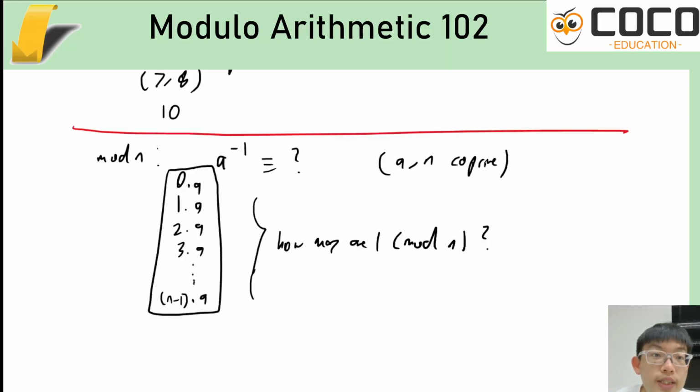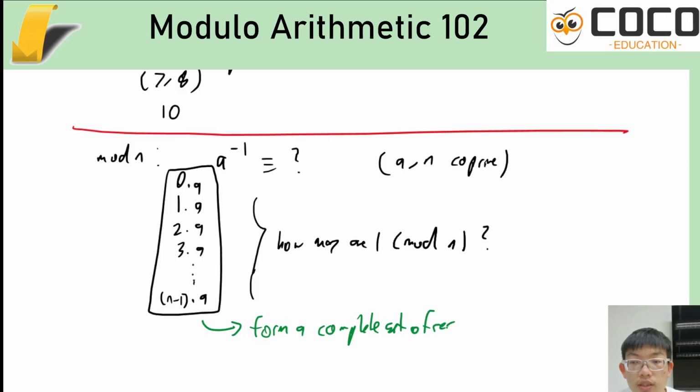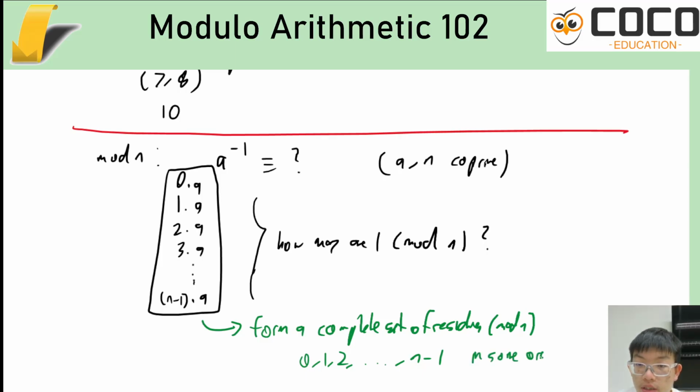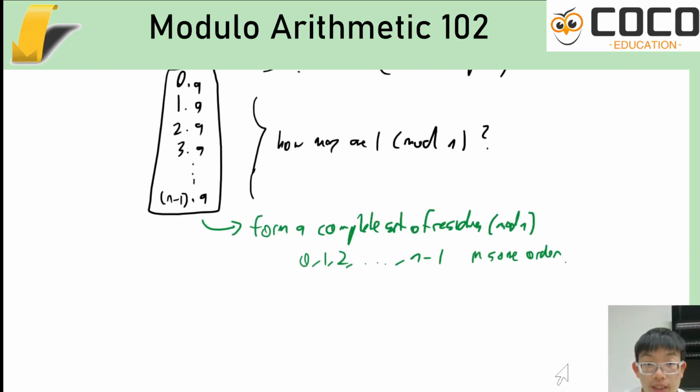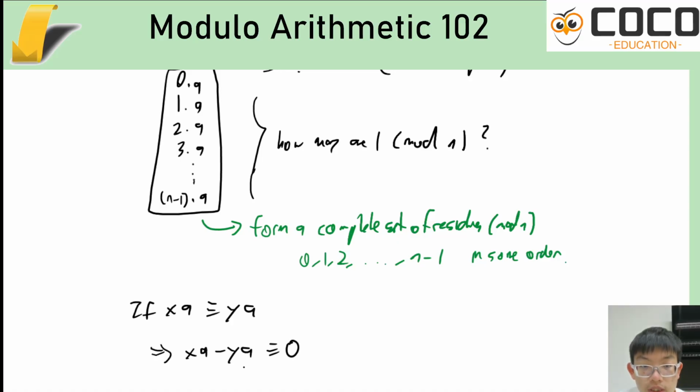Now what I claim is that these form a complete set of residues mod n. When I say a complete set of residues, I mean literally that they just form 0, 1, 2 to n minus 1 in some order. And the reason is because they can't repeat. If xa is congruent to ya, that means that xa minus ya is congruent to 0, which means that a times (x minus y) is congruent to 0.